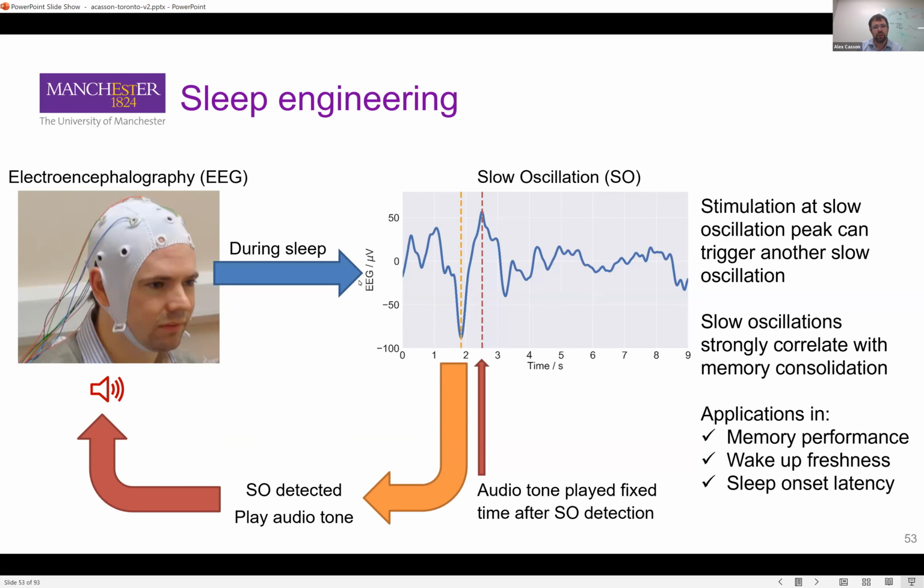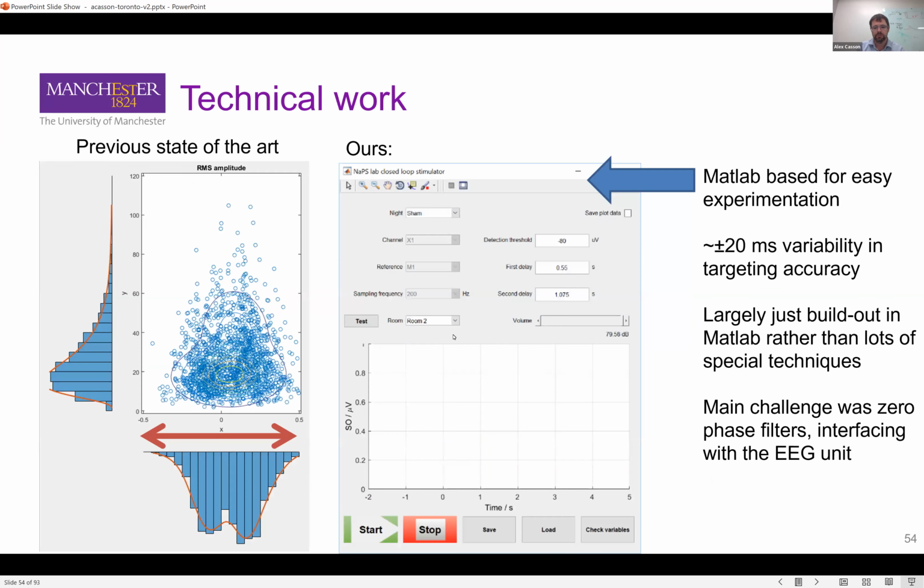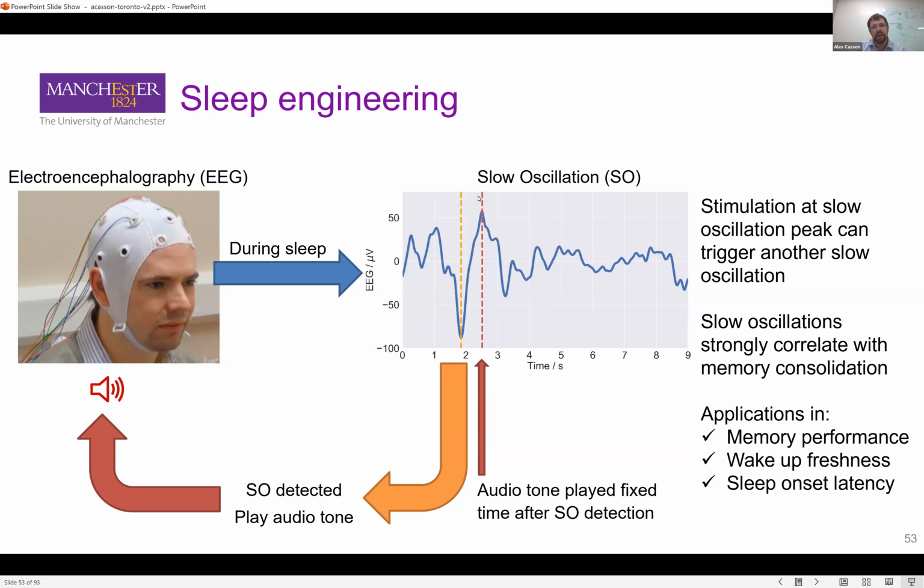So you've got a time constrained situation. You've typically got about 50 milliseconds to make a decision, which is why you've got time constrained signal processing going on. But then you play a sound, and potentially make trains of slow oscillations.